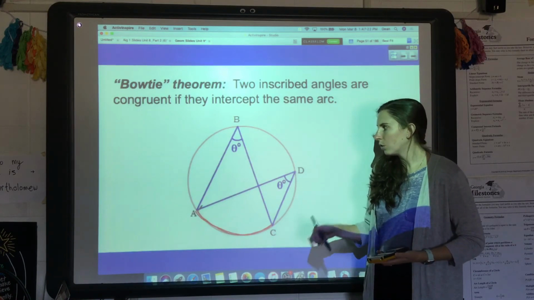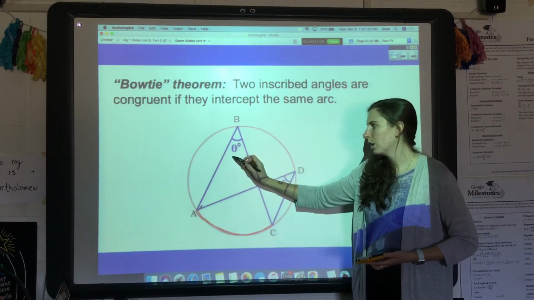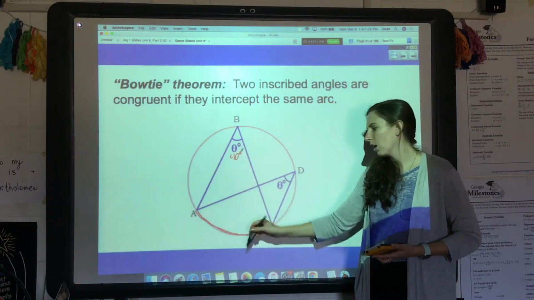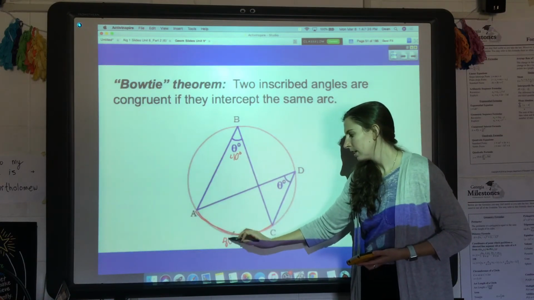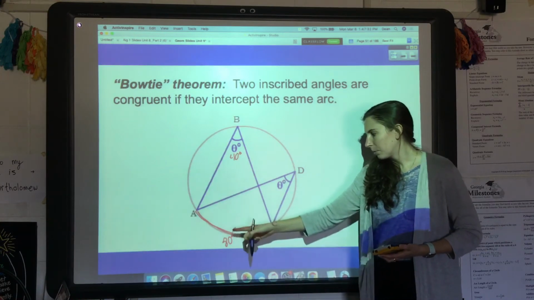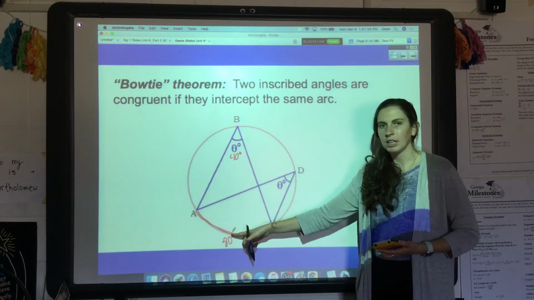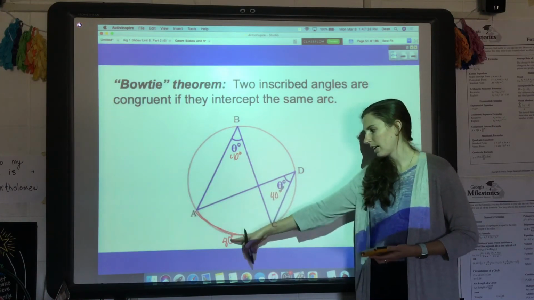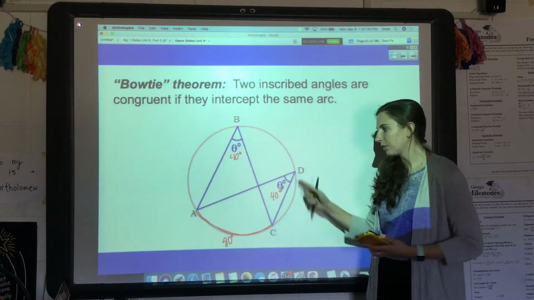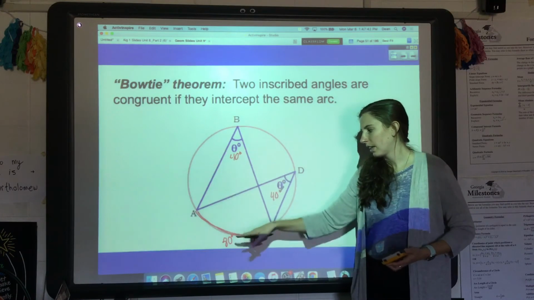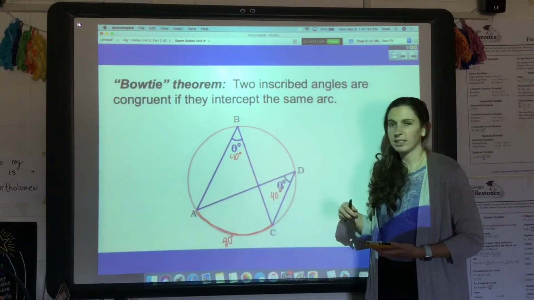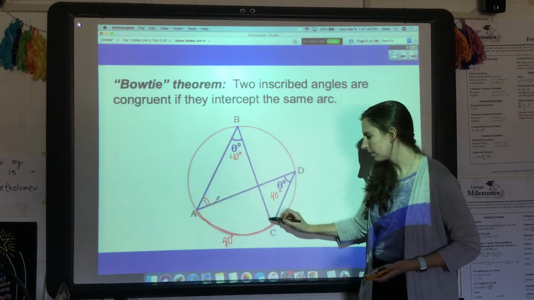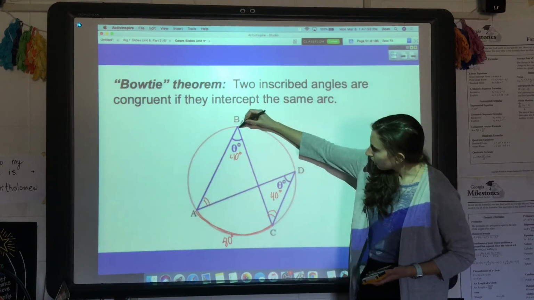So let's say this were 40 degrees. I would double it to get the arc, and the arc would be 80. And then to get from this one to the arc, it would also be doubled. So this would also have to be 40 degrees to double it and get 80. So basically, if you have multiple angles that are on the same arc, they're always the same. So these two are the same, and in fact, these two would also be the same because they're on arc BD.